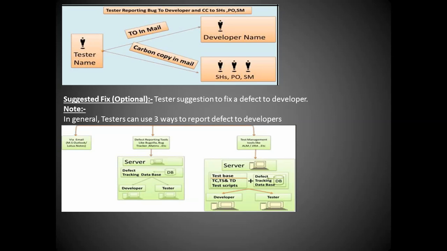Suggestion to fix is optional: tester suggestions to fix a defect to the developer. In general, testers can use three ways to report defects to developers: via emails or defect reporting tools like Bugzilla, Bug Tracker, Mantis, ALM. ALM and Jira are test management tools.